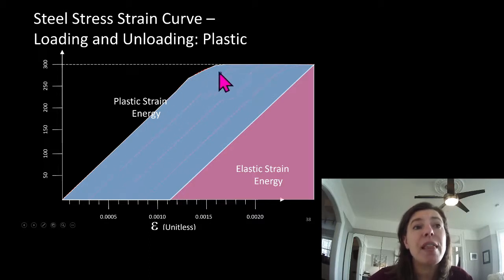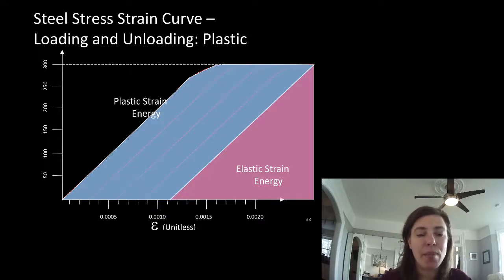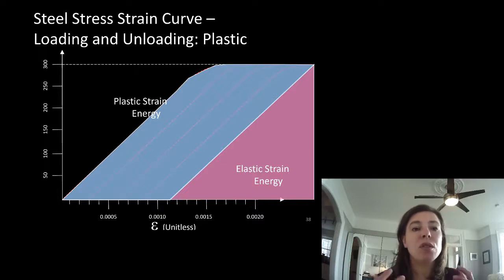You can see that the further we go into the plastic zone, the more energy is absorbed by the material. You can imagine that could be a very handy thing if we were talking about earthquakes, if the building can actually take that energy and convert it into something else. We can stop it just from being a straight force applied to our object. We can actually absorb the energy.